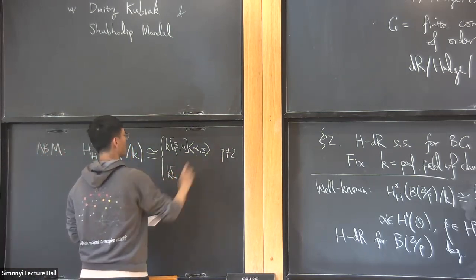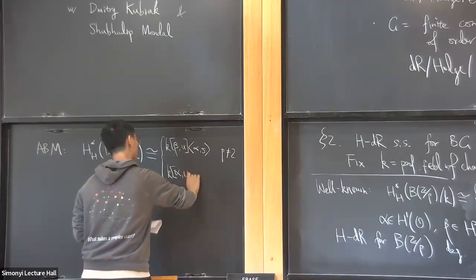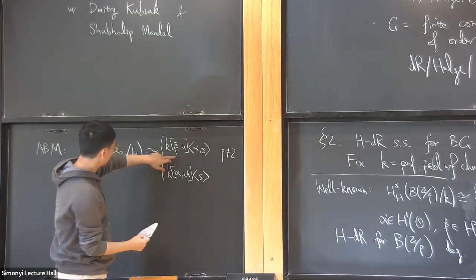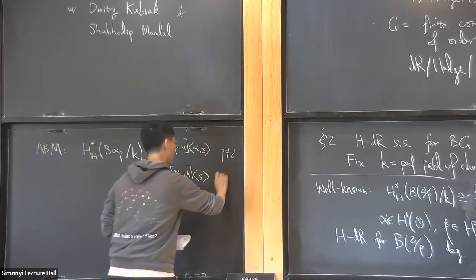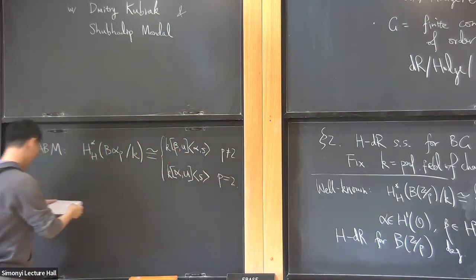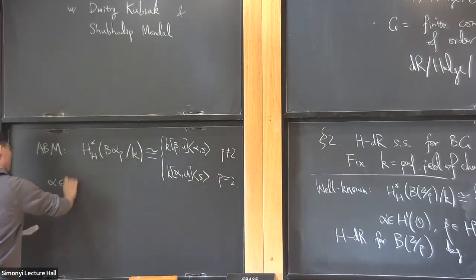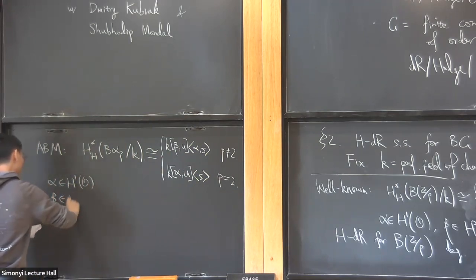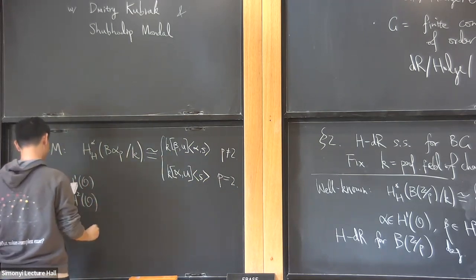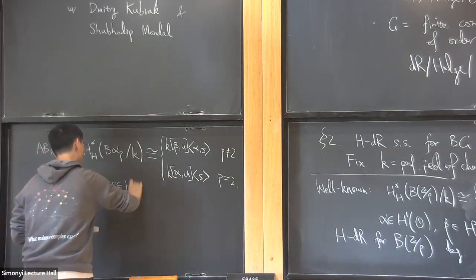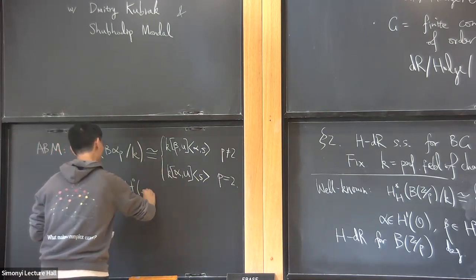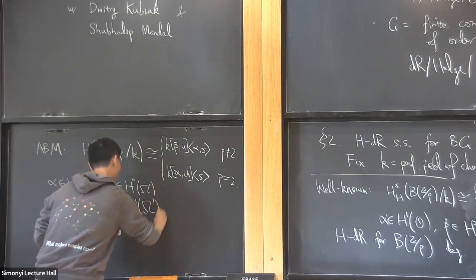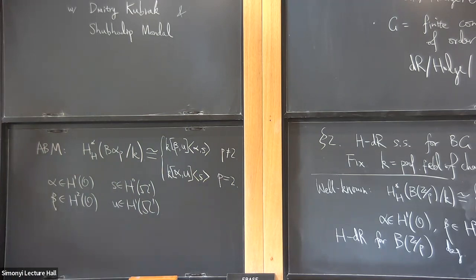But when P is 2, you will get the following description, just that beta becomes alpha squared. Alpha is in H^1 Omega^0, beta is in H^2 Omega^0, S is in H^0 Omega^1, and U is in H^1 Omega^1.